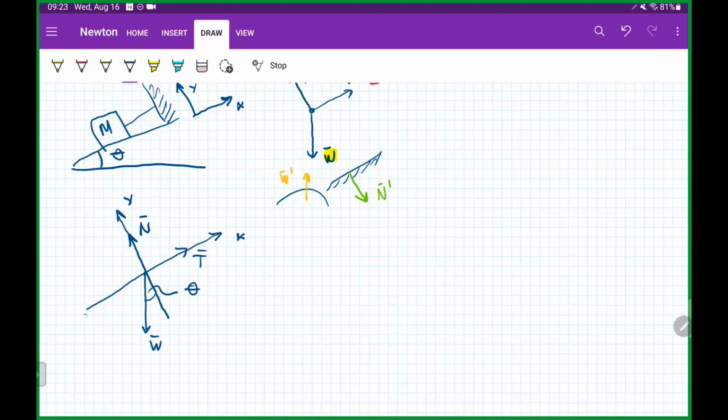Okay. So that angle will let us calculate the components of the weight in each of the axes, on the x-axis and on the y-axis, and we would need those to write the equilibrium equations to figure out how much is the normal and the tension, because that's the other question. The question says find the value of the tension and find the value of the force that the object exerts on the inclined plane.